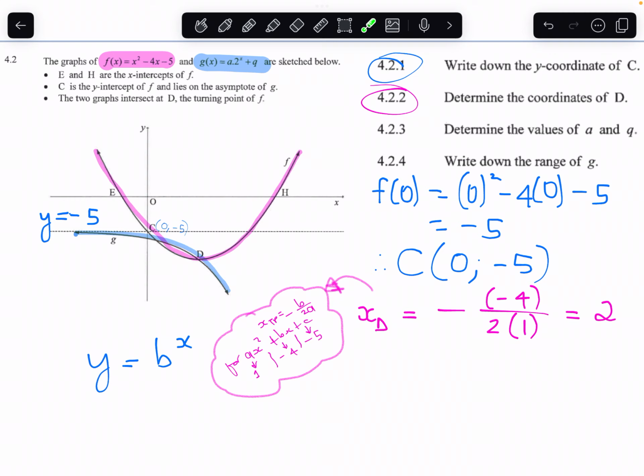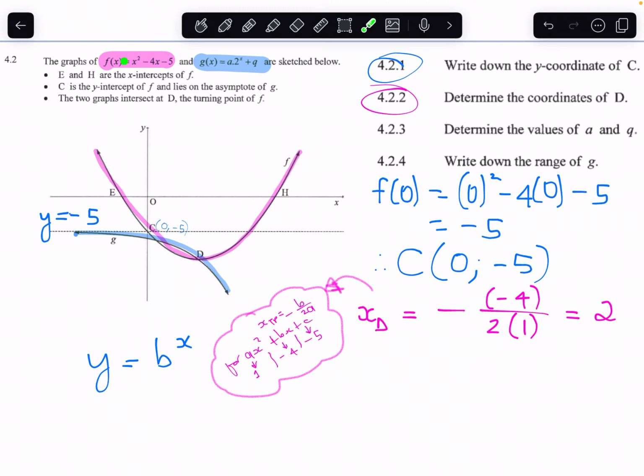Make this equal to 0, solve for x, and then average them. So find which x value is right in the middle of E and H, and that will give you the x-coordinate of D, because we're using the fact that the parabola is symmetric about the axis of symmetry, which passes through the turning point. So if you can find which x value lies right between E and H, then you have found the x-coordinate of D. So that's another quick way to begin finding the turning point.